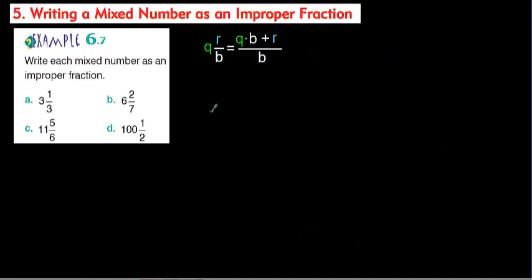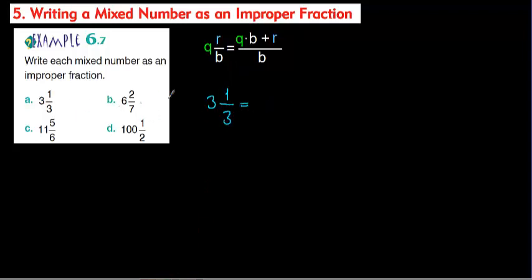Okay, now we are going to transform a mixed number to an improper fraction. Here is the way to write a mixed number as an improper fraction, and we are going to apply it here to 3 and 1/3.